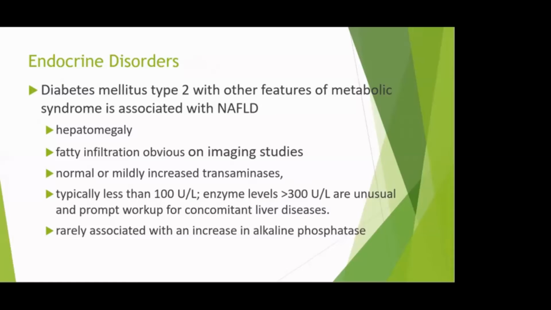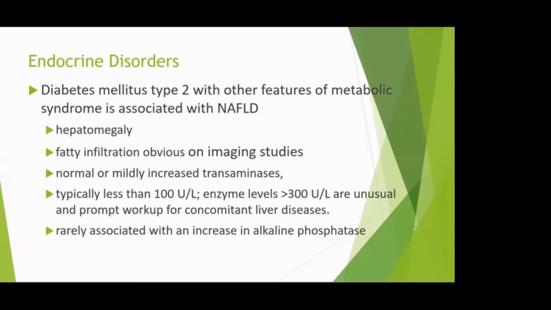Diabetes mellitus type 2 with other features of metabolic syndrome is associated with MASH. These patients may present with hepatomegaly and fatty infiltration that can be obvious in imaging studies, with normal or mildly increased transaminases, typically less than 100 units per liter.